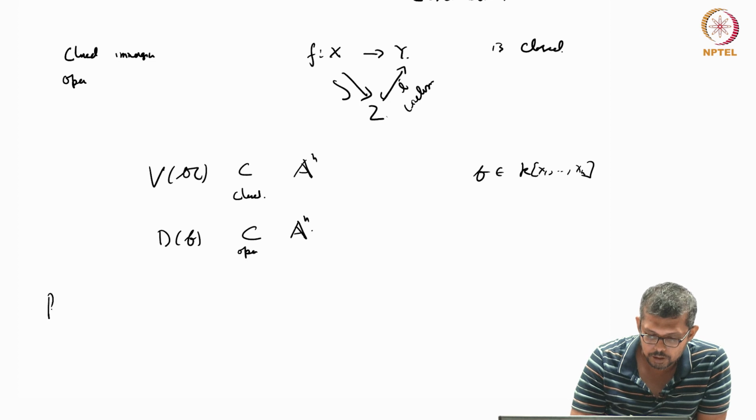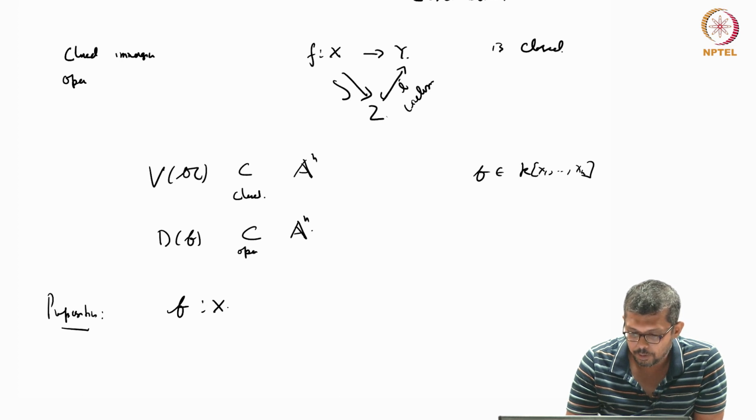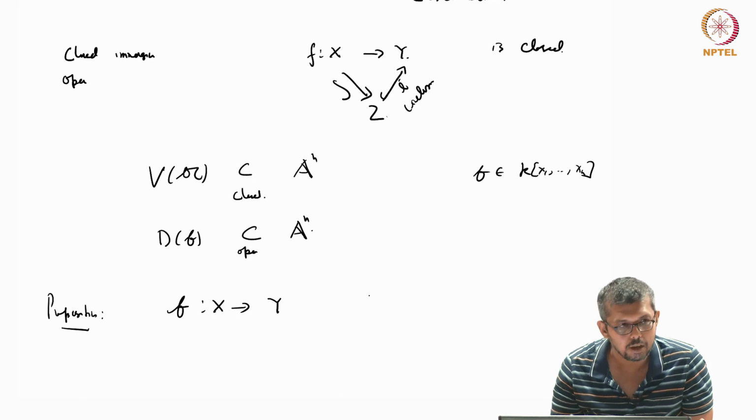This is a proposition. Let me write this proposition. If f is a map of pre-varieties, I mean at the level of pre-varieties, I am not going into the deep proof of every statement, I am just stating it here. A map of pre-varieties.